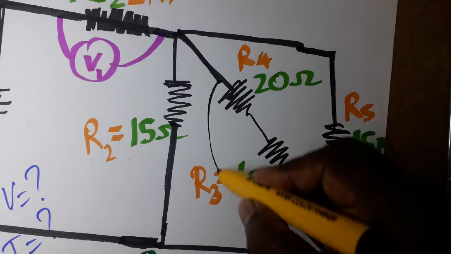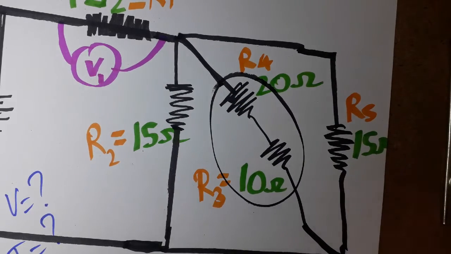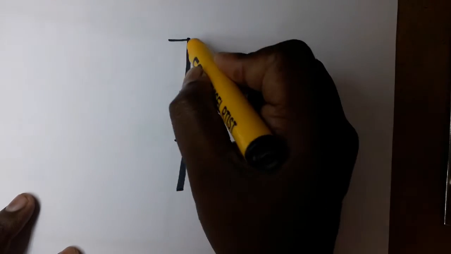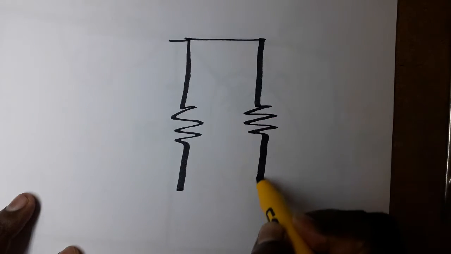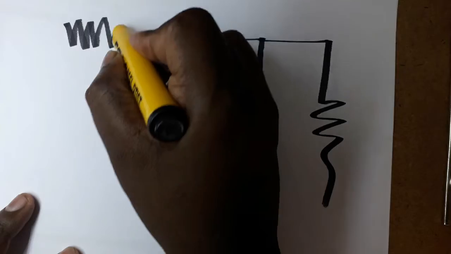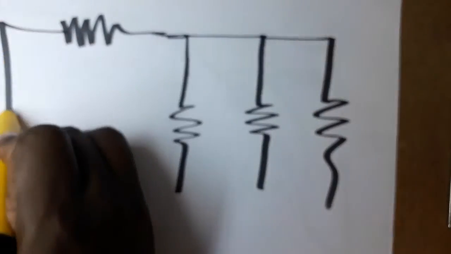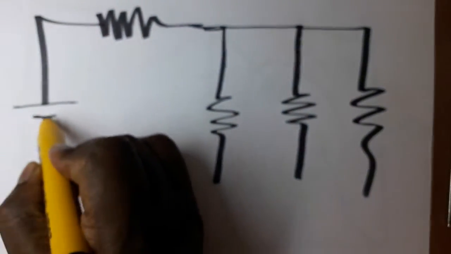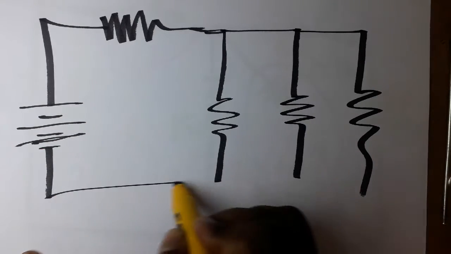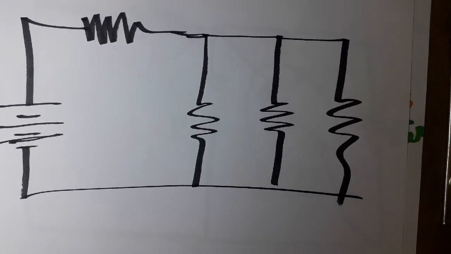First I have taken these two in series, and I am modifying the circuit like this. It is one resistance, another resistance, and another resistance, and here one resistance is there. The total voltage applied is a 10 volt battery. So I modified the circuit like this.